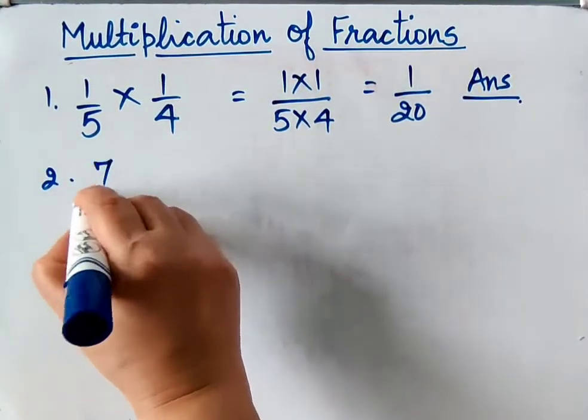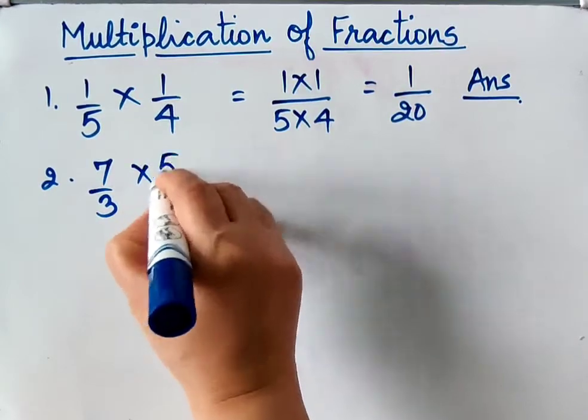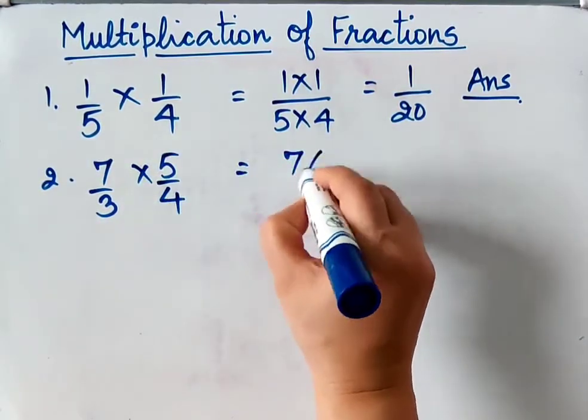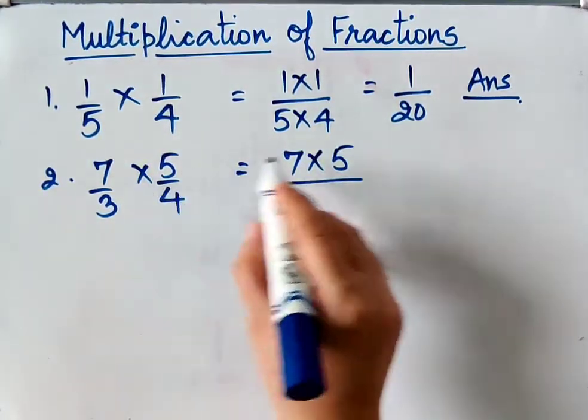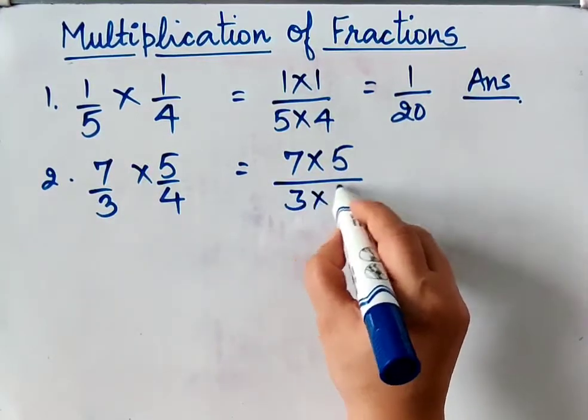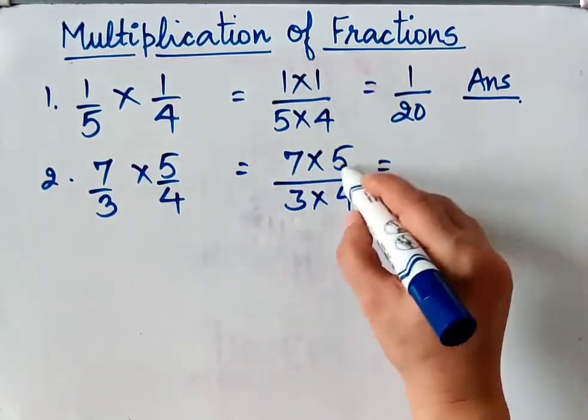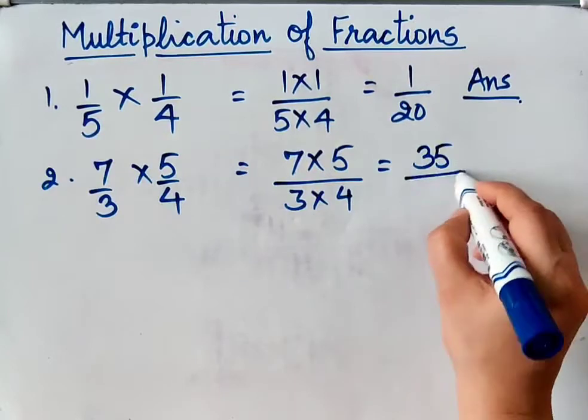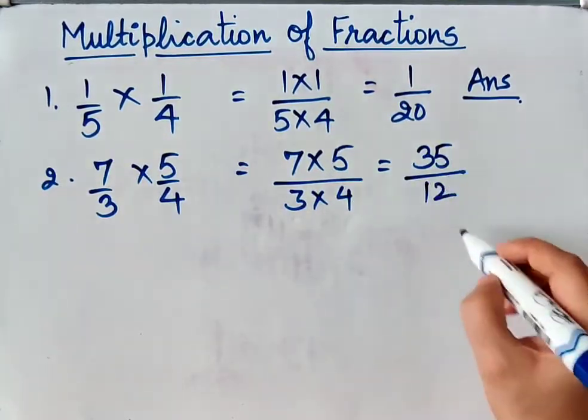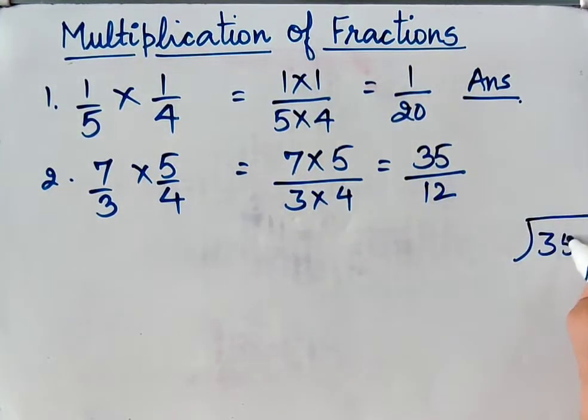Similarly, 7 by 3 into 5 by 4. This will be 7 into 5, product of numerators by product of denominators. 7 5 times gives me 35, 3 4 times gives me 12. This you can change to mixed fraction form also. 12 2 times gives me 24, and 12 3 times gives me 36. 36 will be bigger than 35.